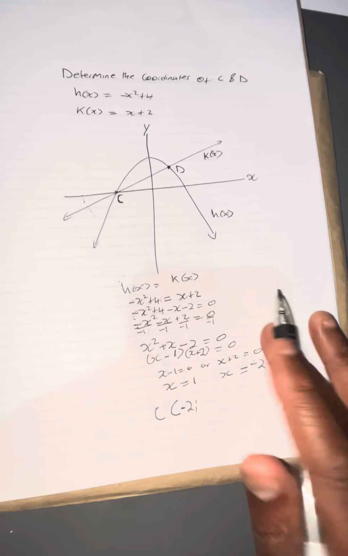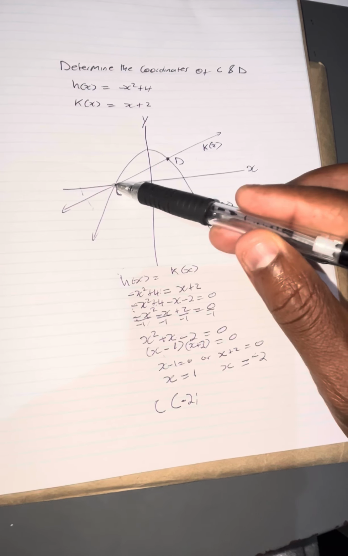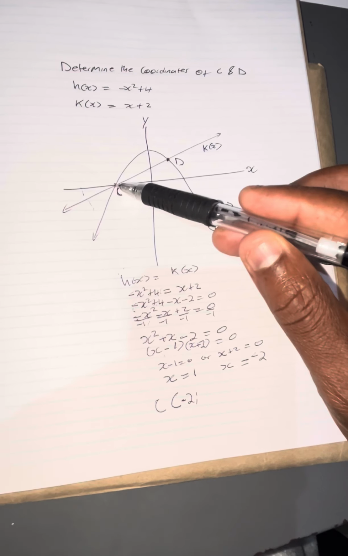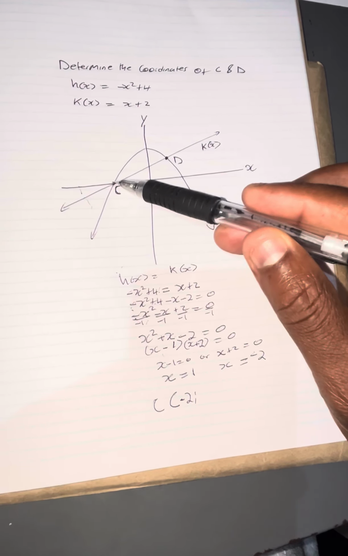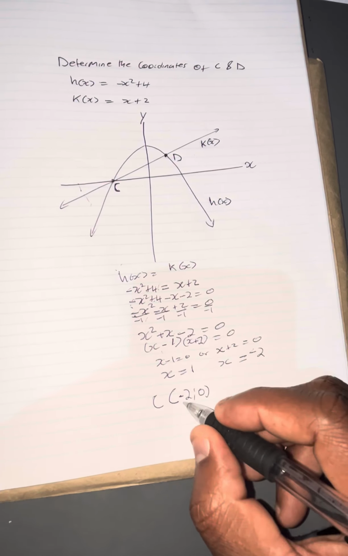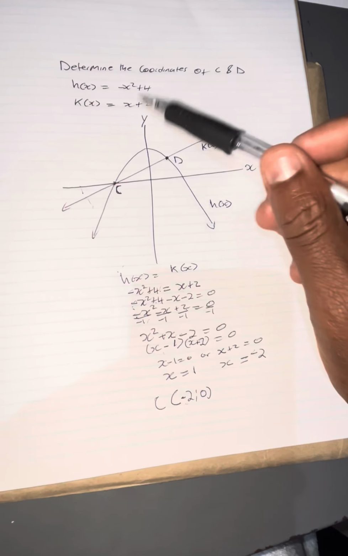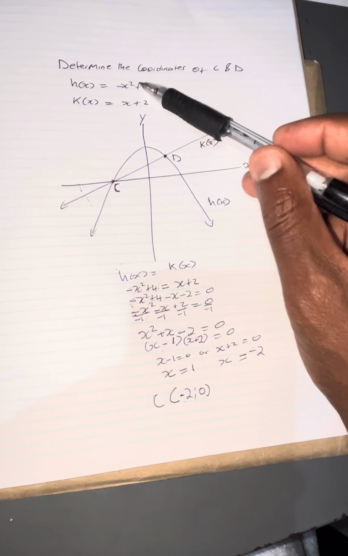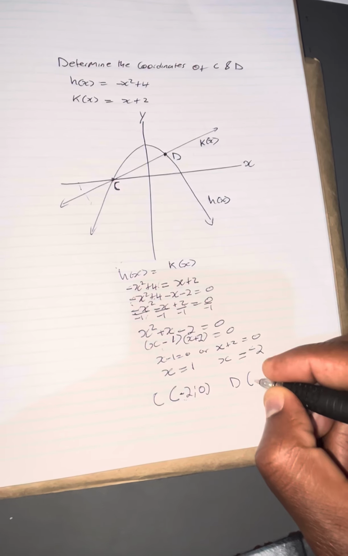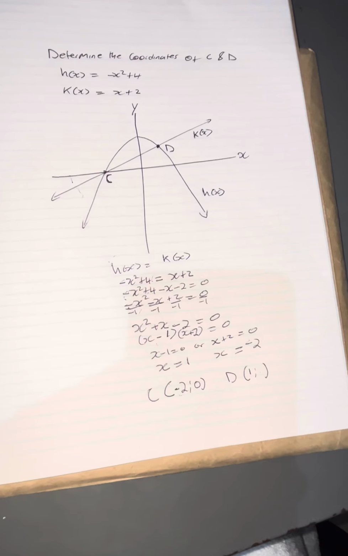Because if you can check here, our point C lies along this x axis. So this will be the x-intercept. Whenever we have an x-intercept, it means our y value is 0. So this will be 0. There is no need for us to substitute negative 2 in these equations. Okay. So point D, we're saying it's 1, and y, we do not know the value of y. So you need to determine the value of y.